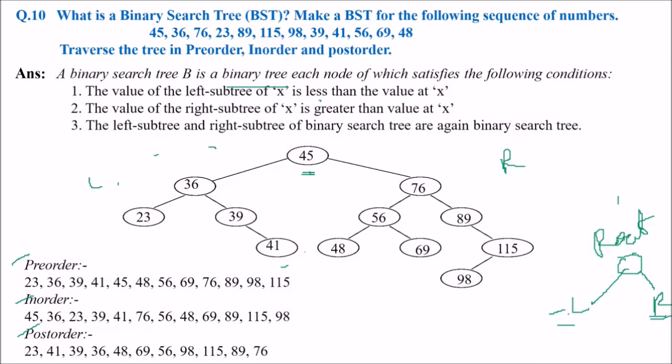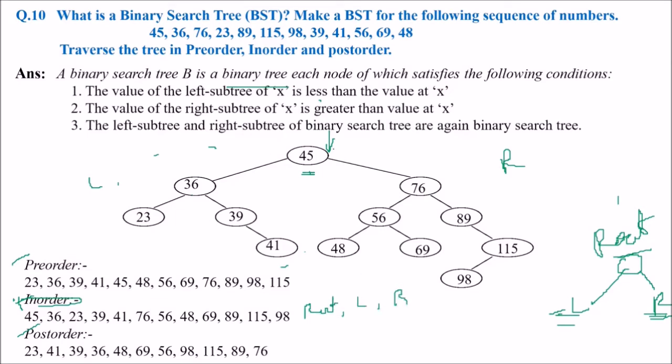In post-order, we take left first, right after, and then root. Let me take pre-order for you so that you will be able to do the in-order and post-order. We'll start with 45, and we know that first we have to take the root, then the left, and then the right.